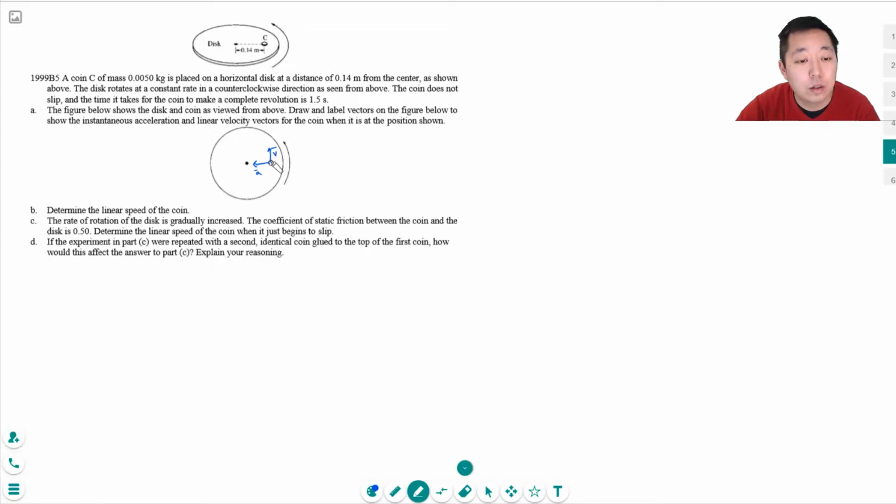Okay, well, to know the speed of the coin, I do know that it makes one revolution in 1.5 seconds. To get the velocity I can use distance over time. How far did it travel in this 1.5 seconds? Well, it did one revolution, so it traveled the circumference of a circle, 2 pi times r.